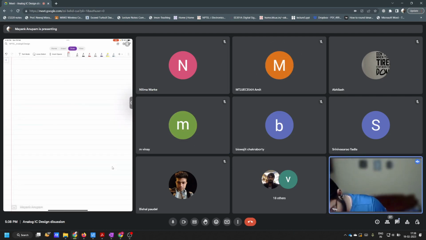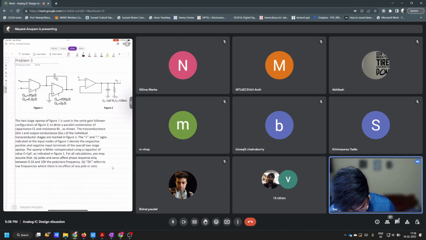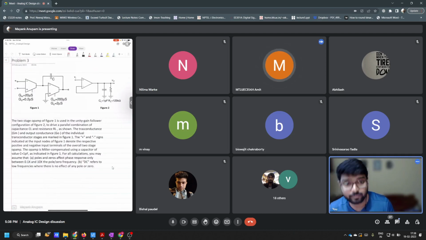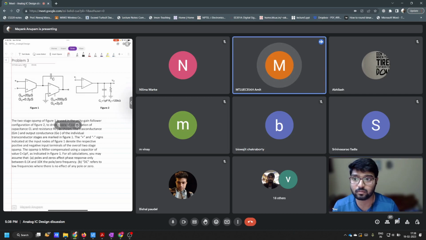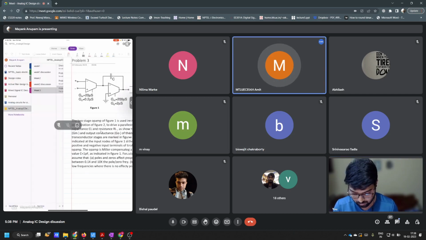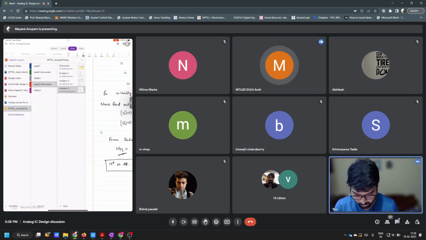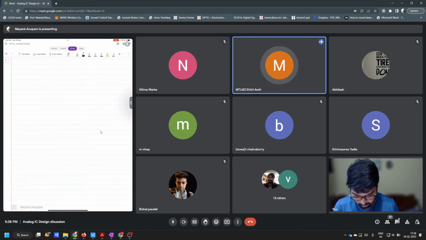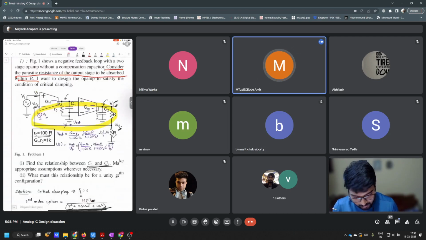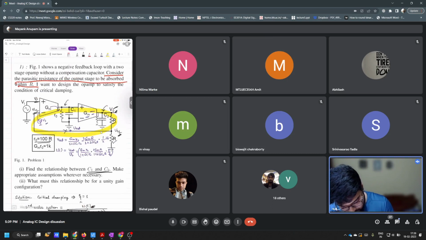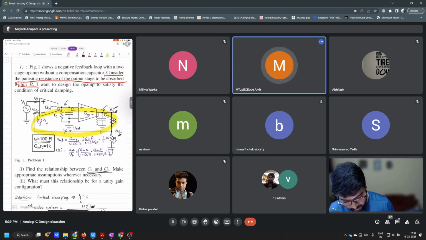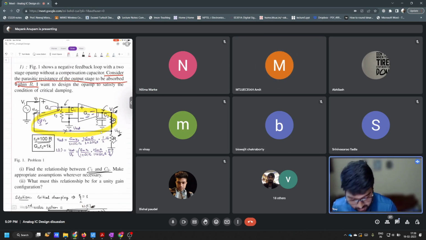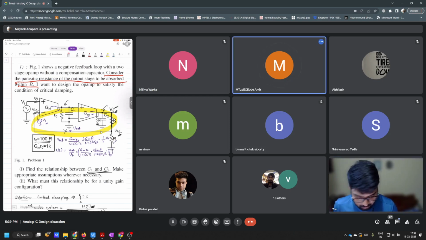In the second part, we will simply remove R. Instead of R, we will short circuit that R. Yeah, you have to remove this R and short circuit here. But by the way, you have to keep some resistance at the output here. So that resistance R you put here. Okay, that's all.